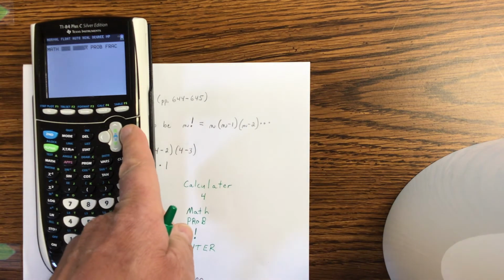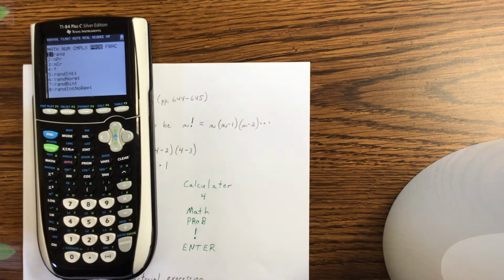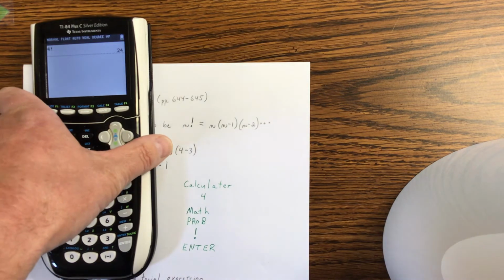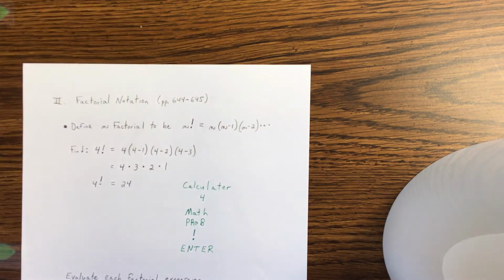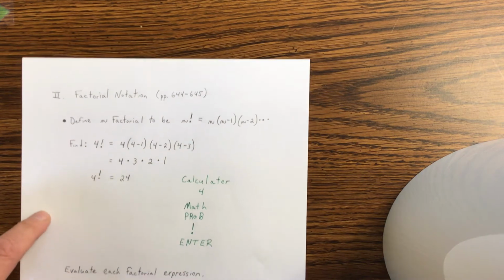Scroll all the way over to PROB, which stands for probability. You're going to use number 4, which has to do with factorial. And then hit enter. And there you have 4 factorial becomes 24. So I showed you how you can do factorial without a calculator and with a calculator. So let's do some other examples, okay?